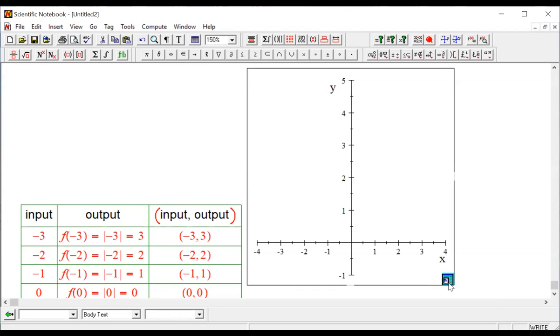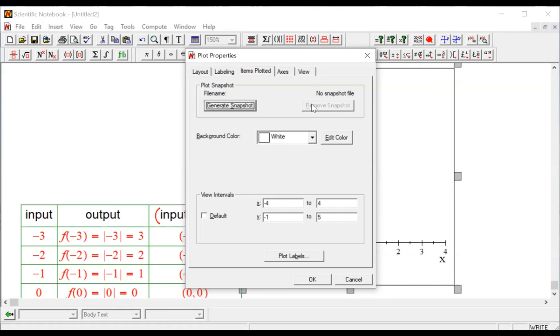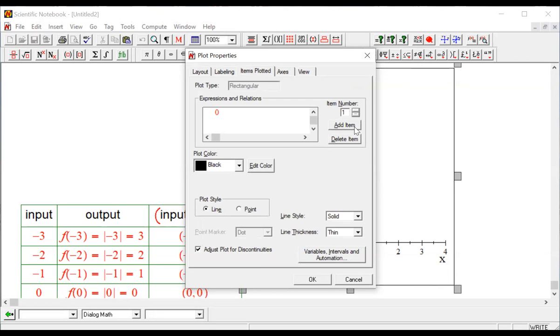So we have all these points. We're going to put the points in. I'm going to put the dot. Okay, -3, 3. Input, output. And next one. Input -2, output +2. Input -1, output 1.